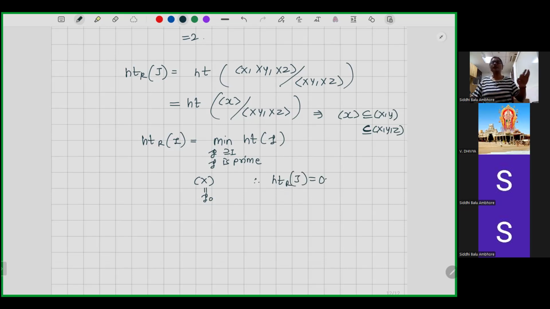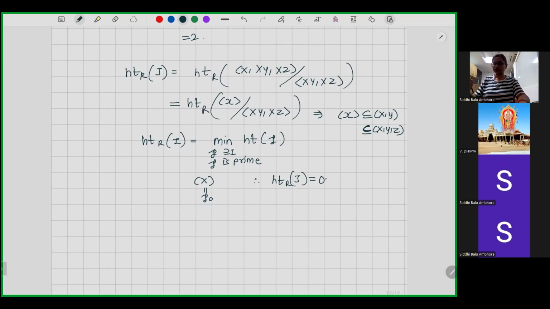Is this okay, how the height is 0? Because X is the minimal prime whose height is 0 in R, which is also a minimal prime containing J. So the height of J is 0, because it is the height of the minimal prime containing J, which is X, and the height of X is 0.